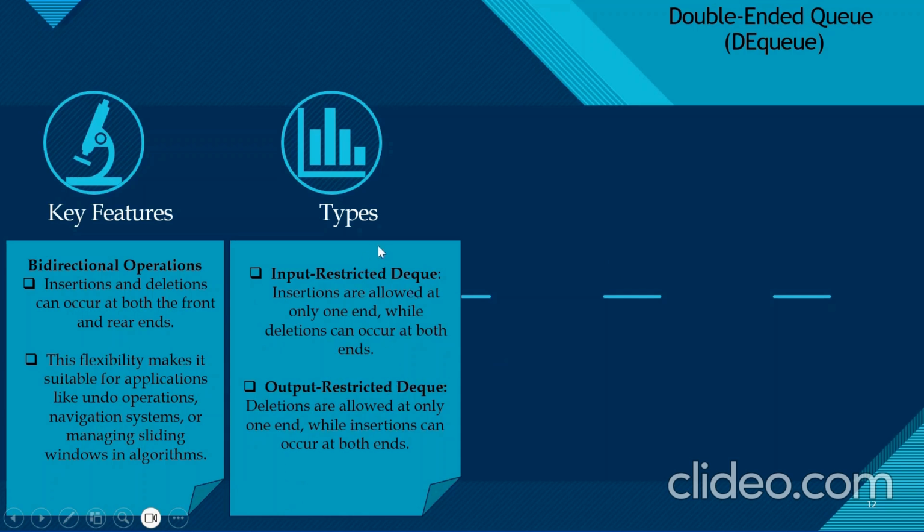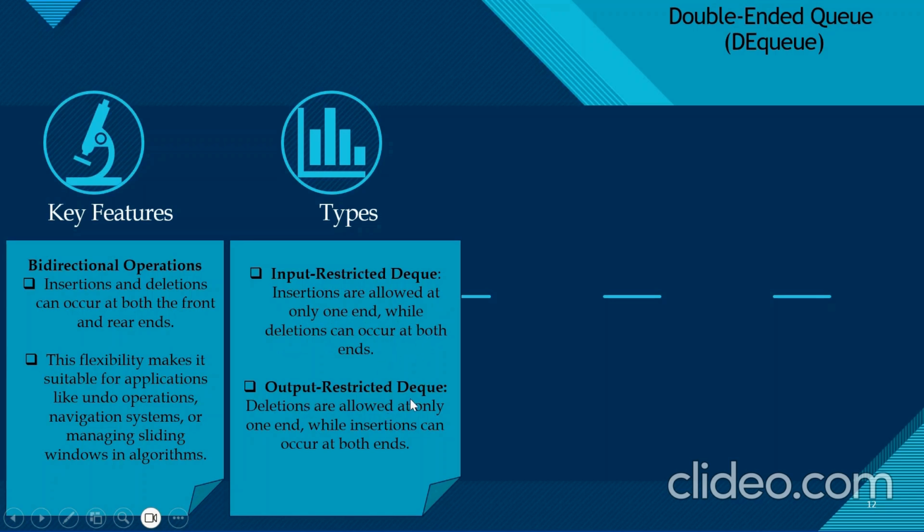So as far as the types are concerned, we have the input restricted queue, where insertions are allowed at only one end, while deletion can occur at both ends. Clearly concentrate on this point, that only insertions are allowed at one end, but deletion can occur at both ends.